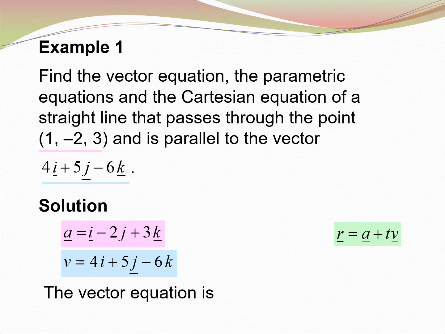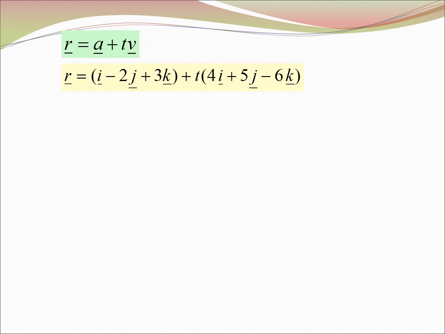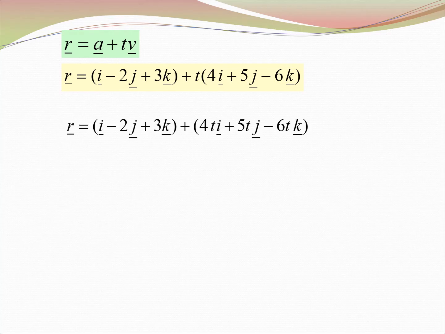Then the vector equation is r is equal to a plus tV. So we will get r is equal to i minus 2j plus 3k plus t times 4i plus 5j minus 6k.